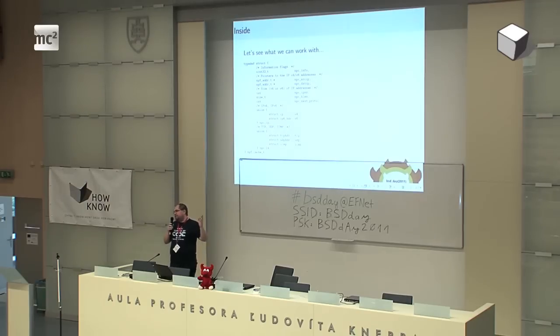So these are some information flags. This decides if your packet is an IPv4 or IPv6 packet, and if it was fragmented or not, and stuff like that. We have the source and destination IP. We store the size and the header length, because if you look at IPv6 headers, the header length is not something easy to calculate. You have to walk the packet. And we tend to do this very early in the code.